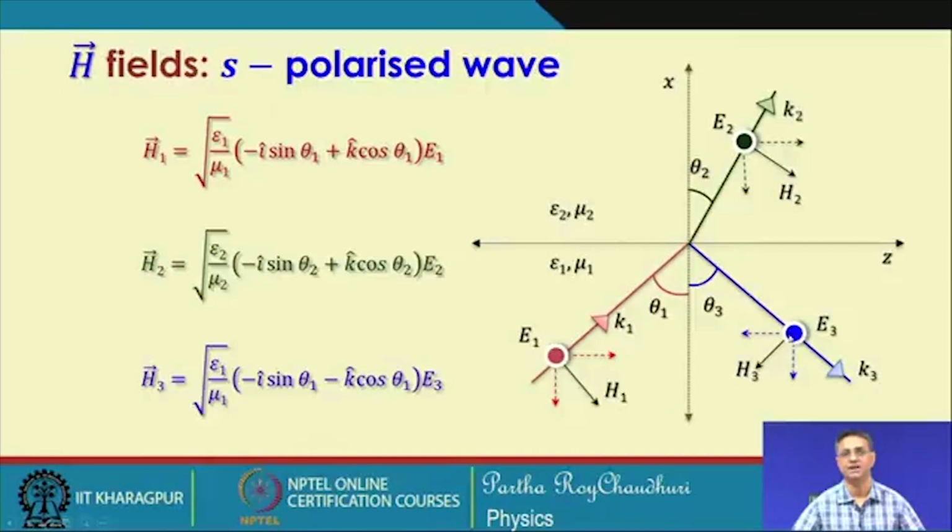If you decompose this H 3 field into two components, the x and z components, you see that the x component is negative and the z component is also negative. Therefore, you have both minus signs for the x and z components. So, that is how we could constitute the magnetic field components in the incident, reflected and transmitted optical wave when the polarization is S polarized.